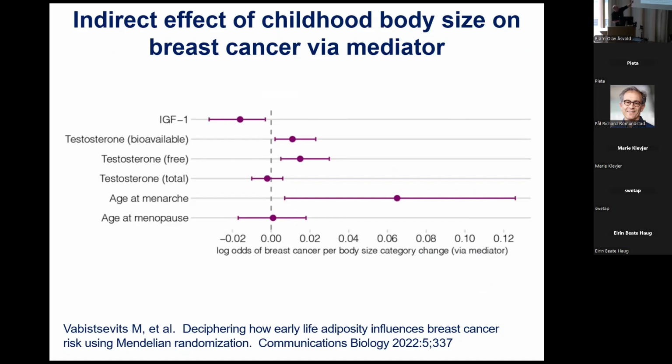So what's happening here, when you see the things to the right, the mediation fraction is negative. The IGF-1 is a positive. So in fact, when you put in the overall mediation, it actually makes the BMI protective effect of larger body size at age 10 stronger, and there do appear to be two possibly distinct ecological pathways involving prepubertal body size and age of menarche, which sort of repel each other rather than explain each other.